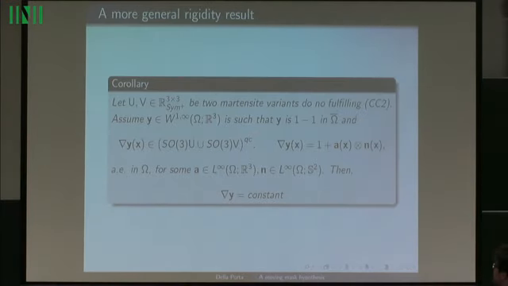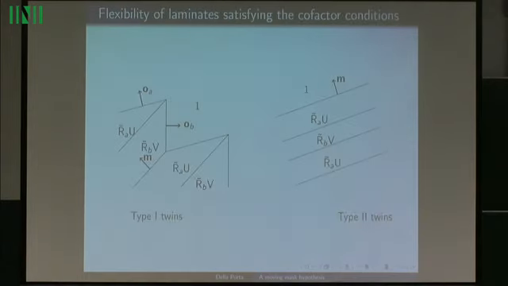When you satisfy the cofactor conditions, the freedom you have is a one-dimensional parameter, and the image is exactly a one-dimensional curve. From there, you can use the theorem we were using at the beginning and find explicitly the parametrization of the interfaces. In the case of type 2 twins, they are always planes, while in the case of type 1 twins, they are curved surfaces, but always lying in the plane generated by OA, OB, and M, which are all coplanar.